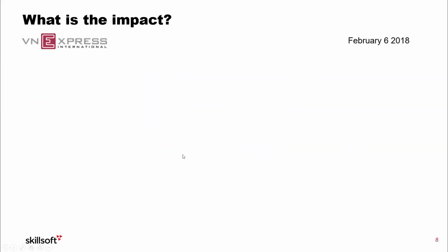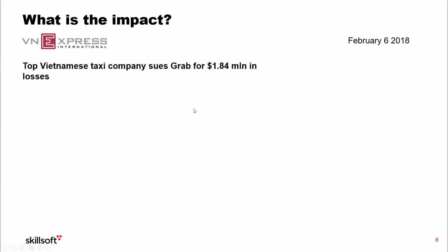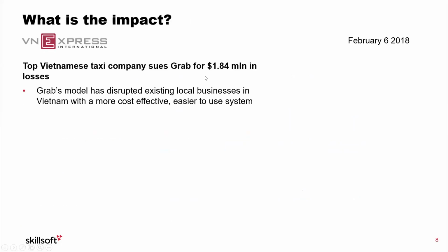So if we have a look at what this is actually doing locally, there's an article in VN Express: top Vietnamese taxi company sues Grab for $1.8 million in losses. Grab's business model has completely disrupted the taxi industry in Vietnam to an extent that the Vietnamese cab owners have tried to sue Grab for 1.8 million.